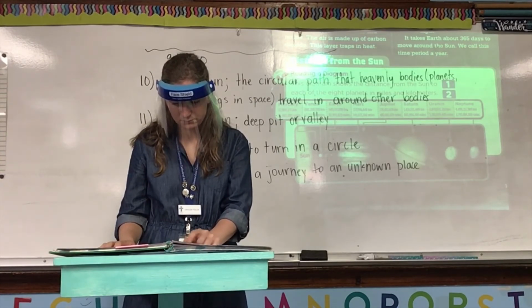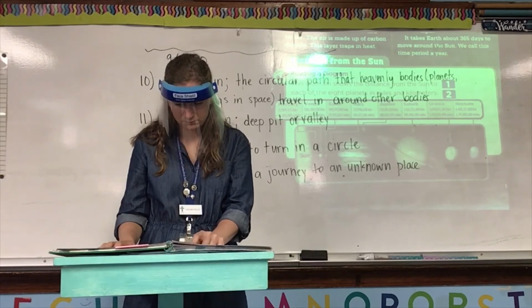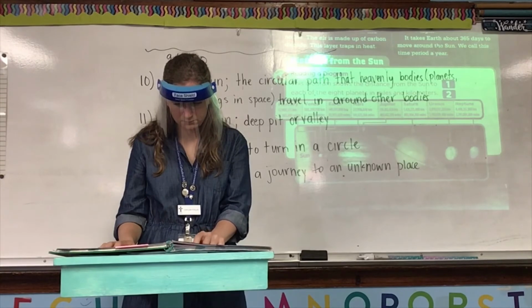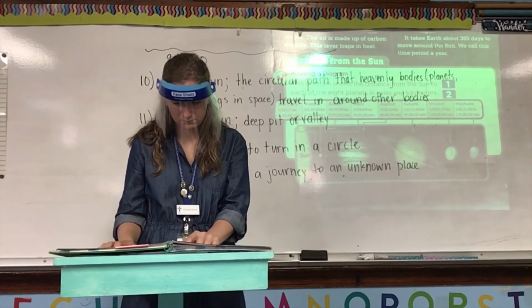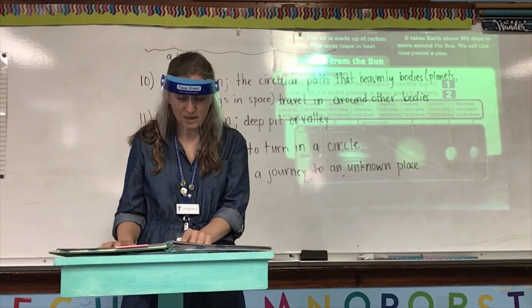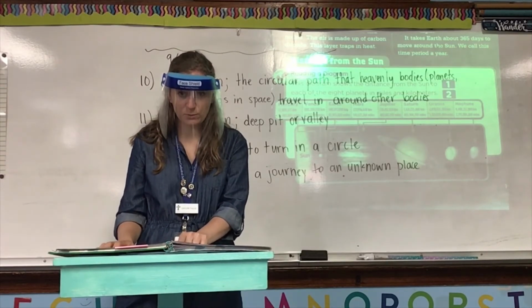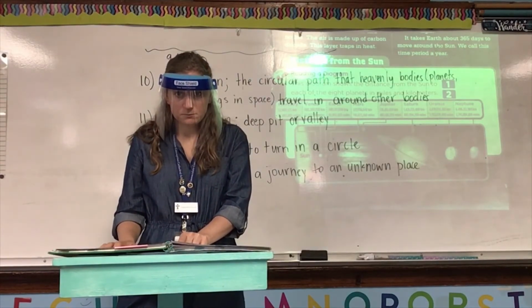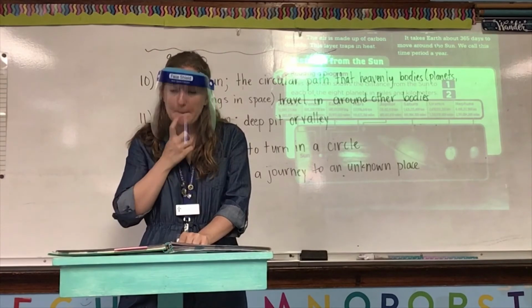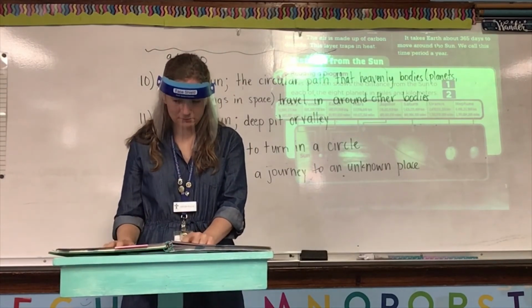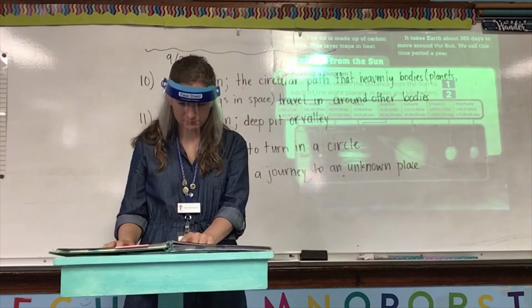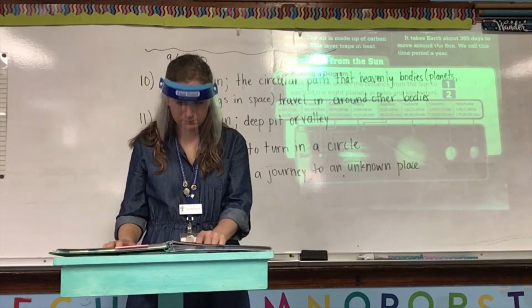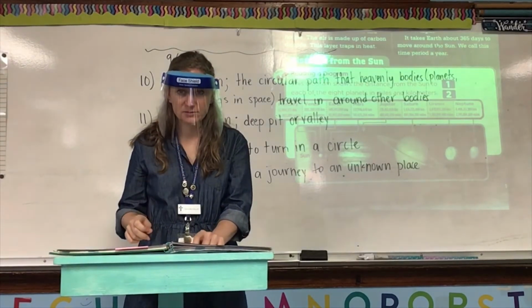Like Saturn, Uranus has faint gray rings that might be made out of graphite.